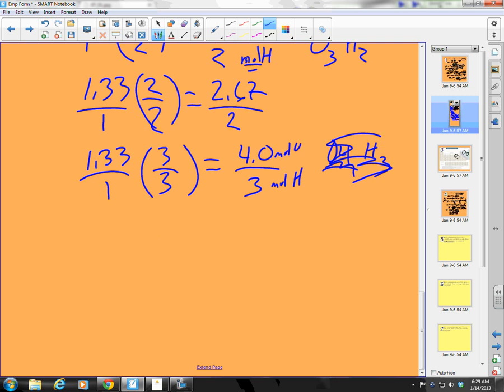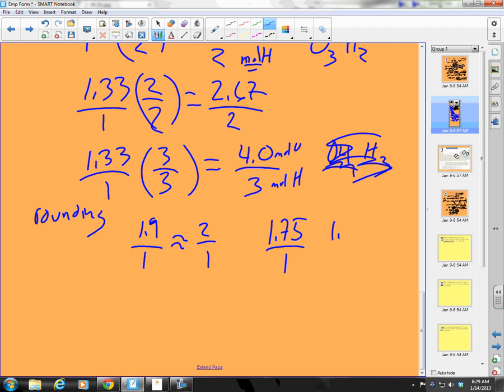Now, here's the thing to be careful about. Rounding. Be careful of rounding. If you have 1.9 to 1, yeah, that's close enough to say that's 2 to 1. But don't round anything that's like 1.75 to 1. No, you can't round that.